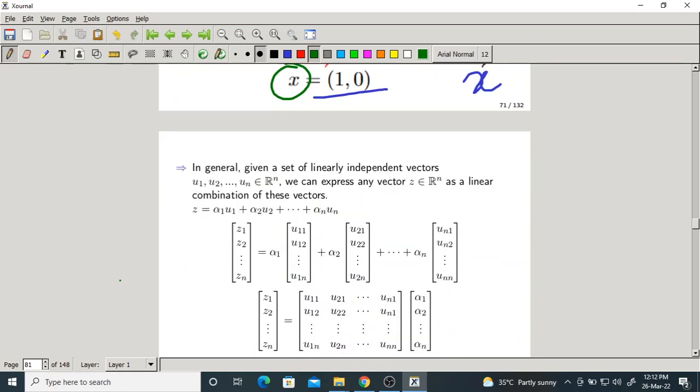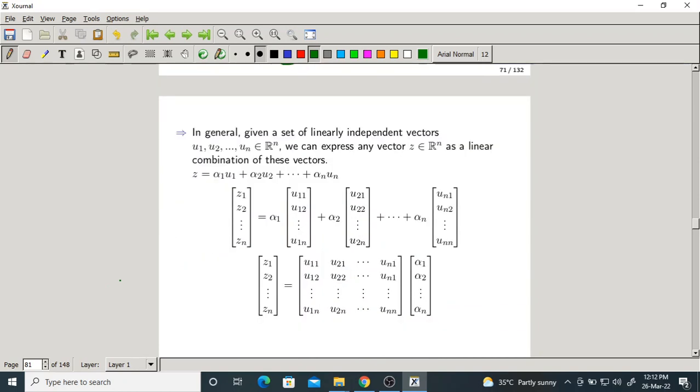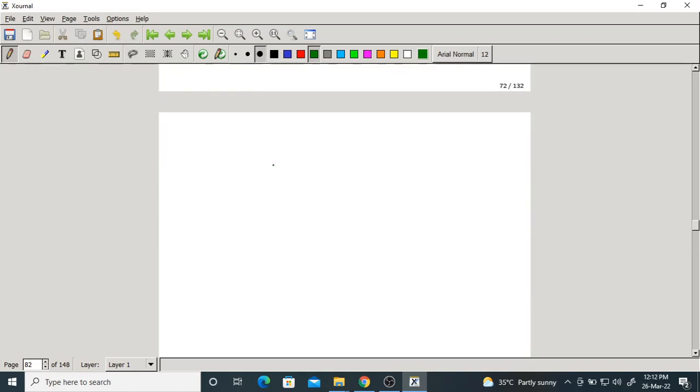Now if you move further, I am taking u1, u2, up to un as basis vectors which belong to n-dimensional space. Any vector z can be written as a linear combination of these vectors. I am taking u1, u2, un belonging to Rn.